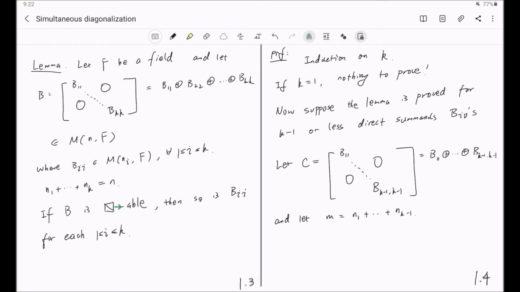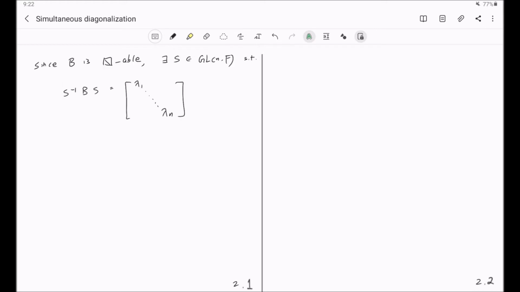Since B is diagonalizable by our assumption, there exists an S that is non-singular such that S inverse BS is equal to this diagonal matrix. Now if you move this S to the right hand side, you get BS equal to S times this diagonal matrix.